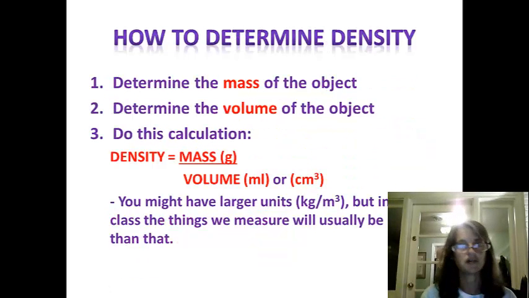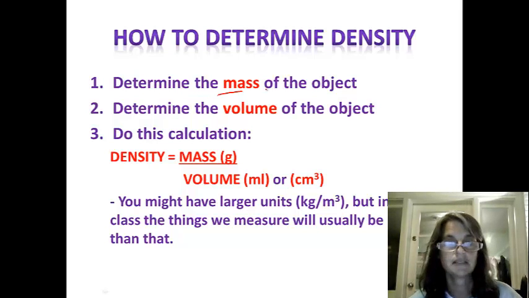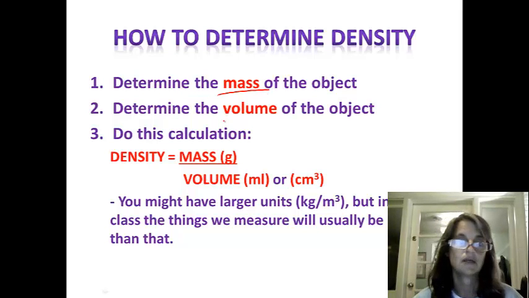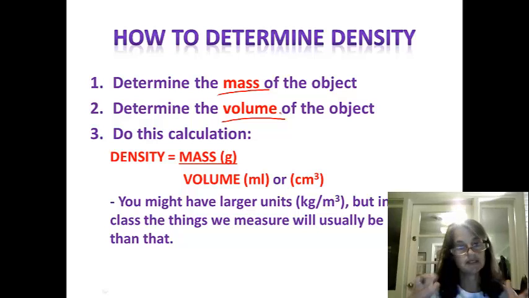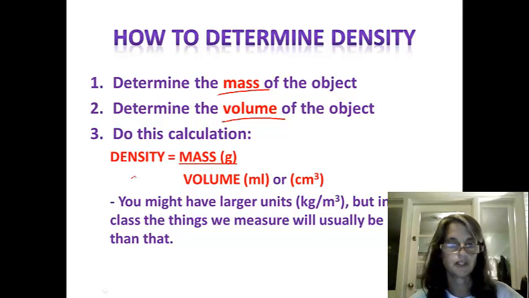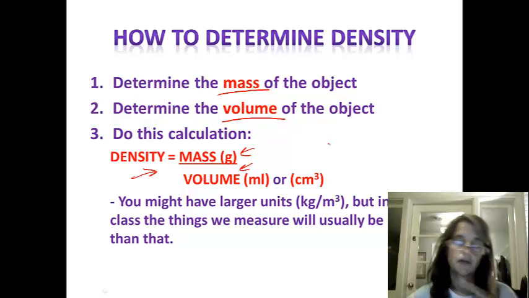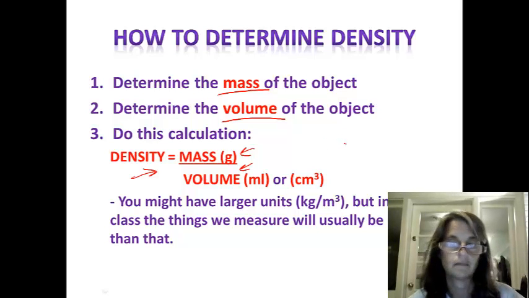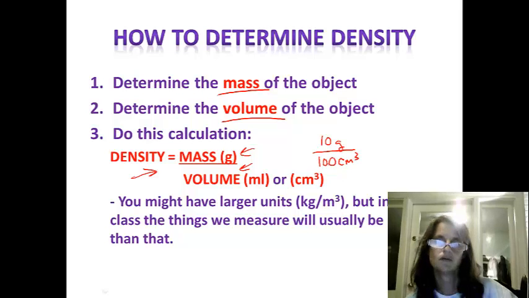Okay? So how do we determine density? We've already touched on that. We determine the mass of the object. How massive is it? How big of a space is it? And then we do this little calculation. We just divide the mass by the unit volume. So if we go back to our marbles and our cube, one had like 10 grams of marbles and 100 cubic centimeters of cube.